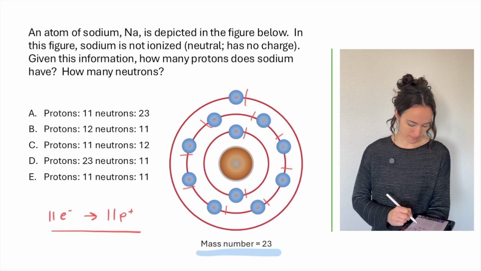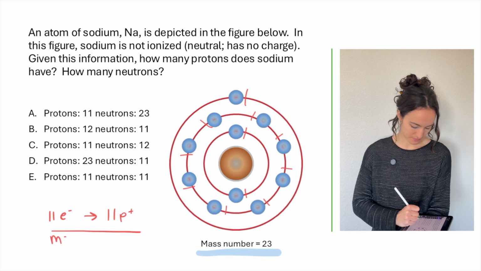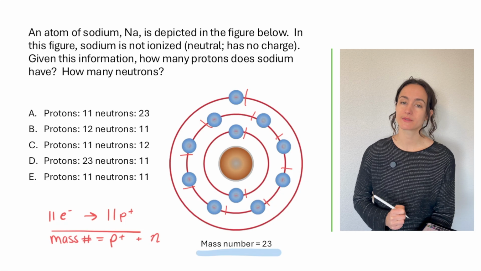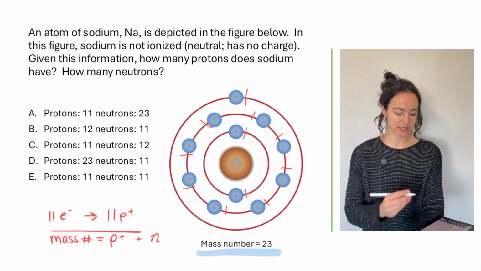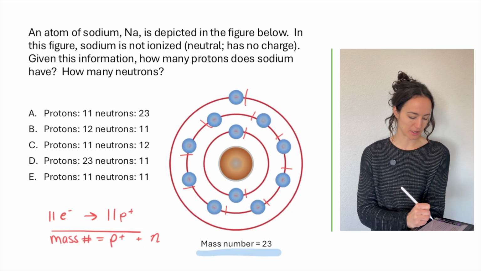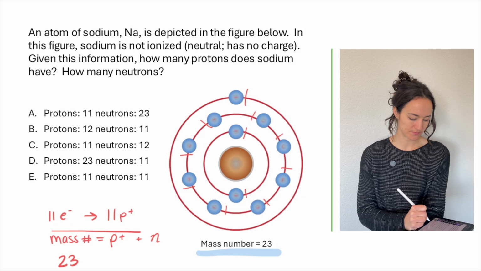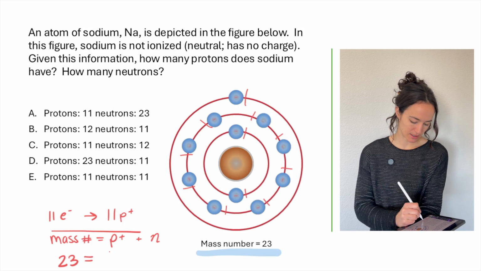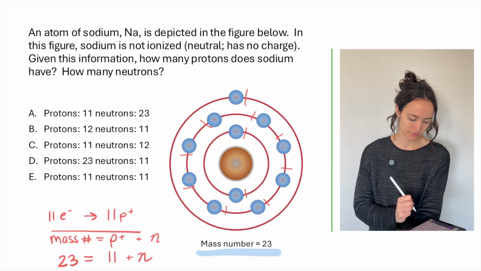And I know that mass number is protons and neutrons. So now we just plug in what we're missing. We're told that the mass number is 23. So 23 equals 11 plus neutrons.